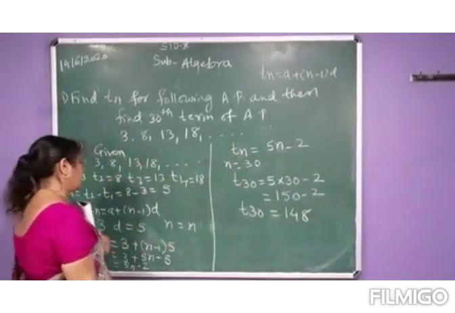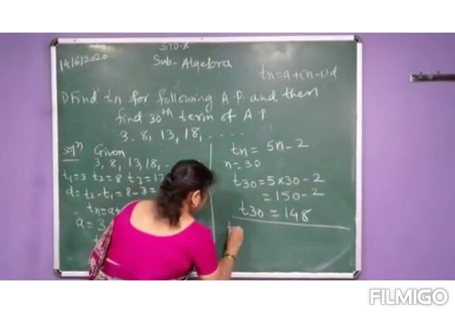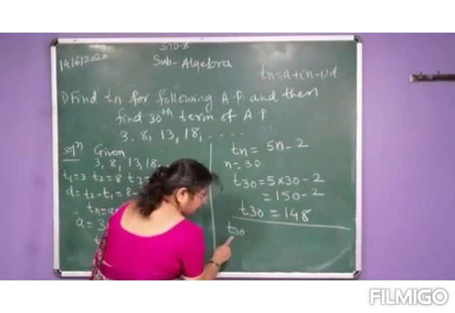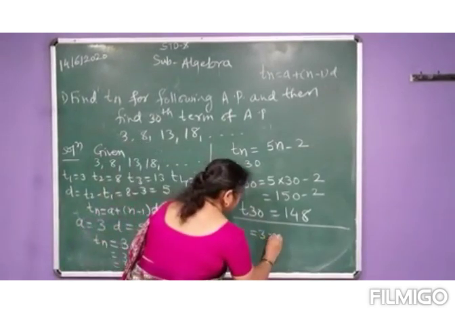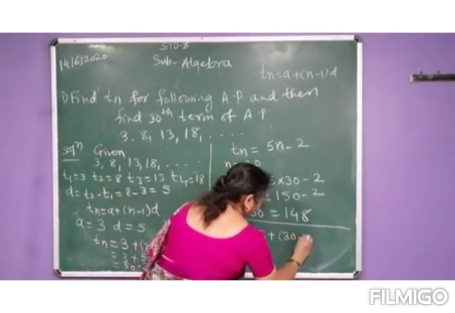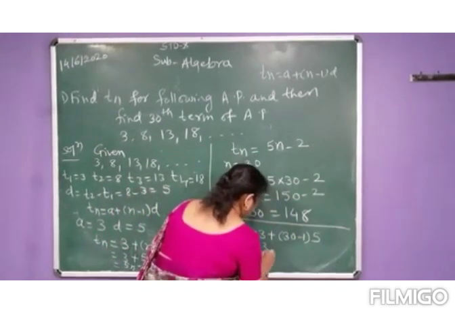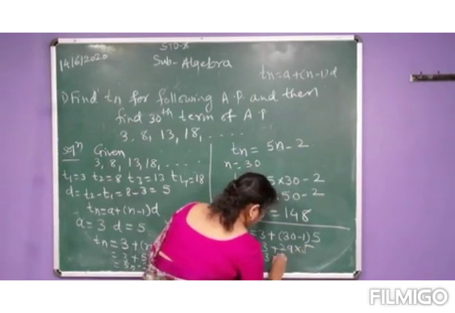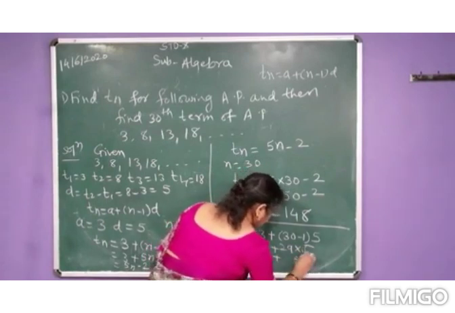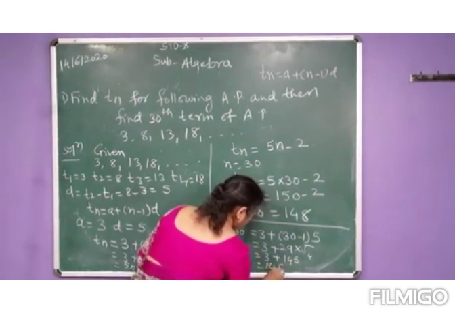Or if you want to try out, I will substitute in the Tn formula also. I want to find T30. A is 3 plus 30 minus 1 into D, which is 5. So 3 plus 29 into 5, that is 148.